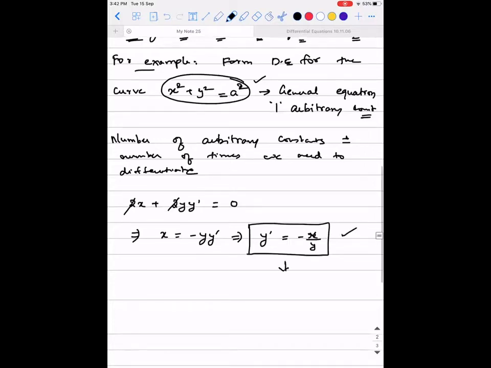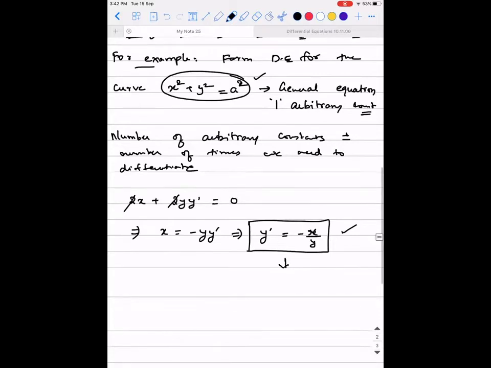This kind of an equation we have seen in applications of derivatives itself when we solved problems based on tangents and normals. Do you remember? What have we found here? This is the slope of the tangent.